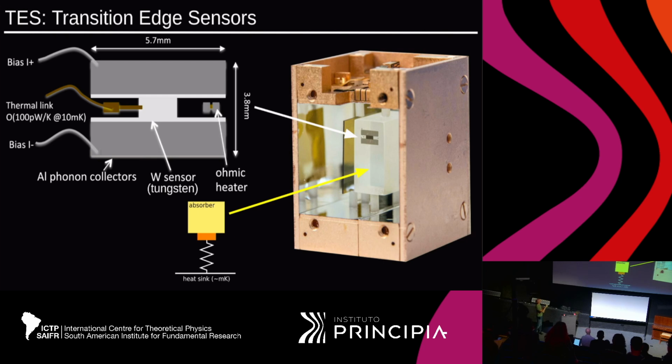And these things are large also to be able to collect the phonons more efficiently. So remember that I told you that you will have these vibrations, phonons, bouncing around the crystal until they find a way out. And the way they find their way out is by hitting one of these aluminum foils.